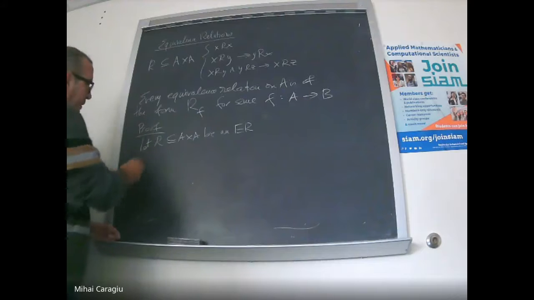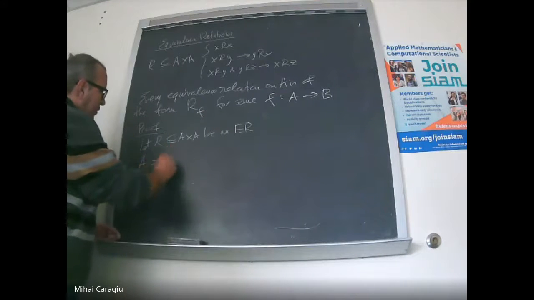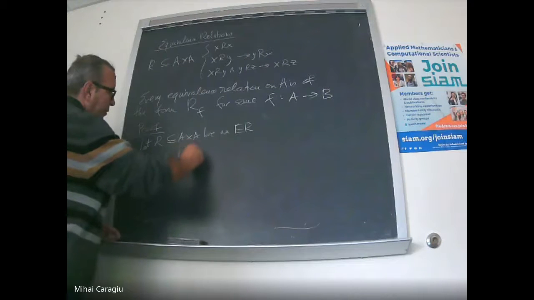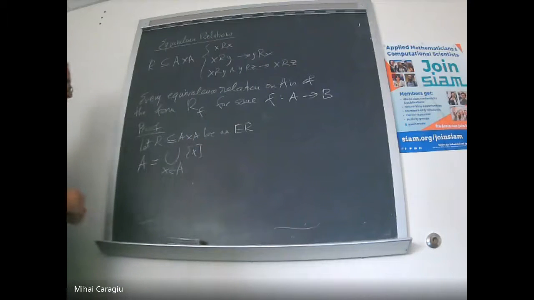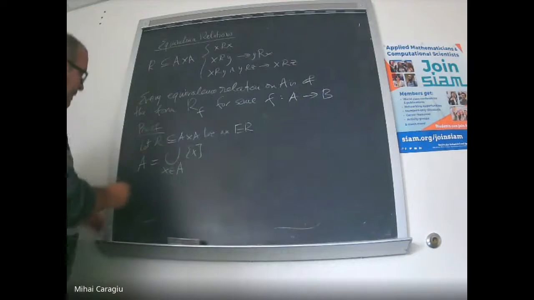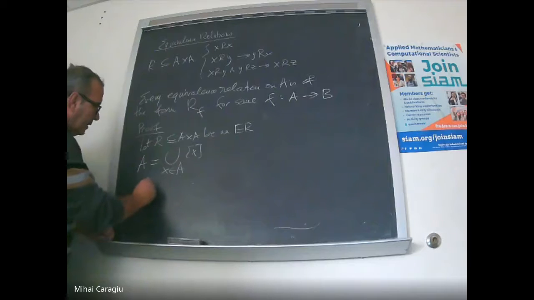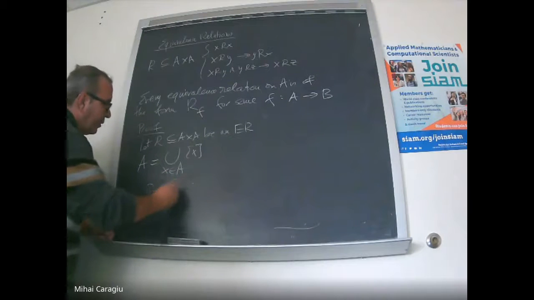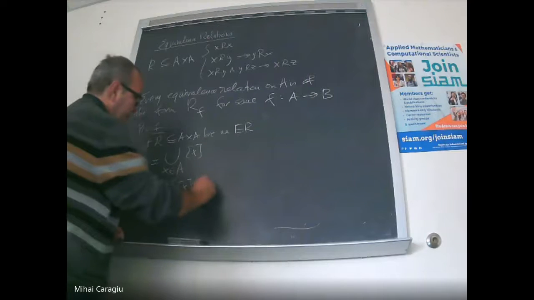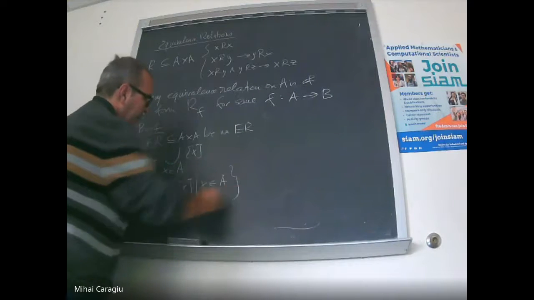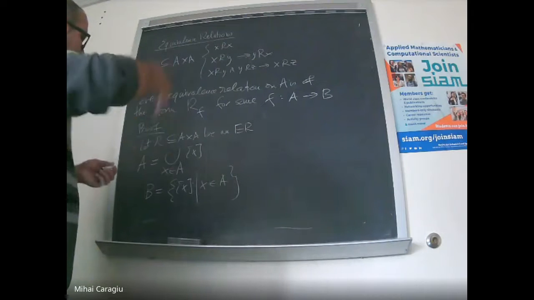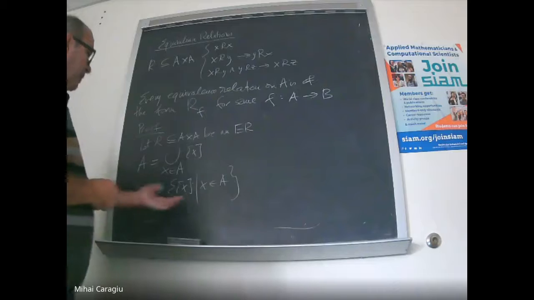A will be the union over X belonging to A of the block of X, where the block of X consists of all elements related to X. And then the set B will be the set of all blocks, where X belongs to A. We know that a set does not allow repetition of elements, so we only include each block once.